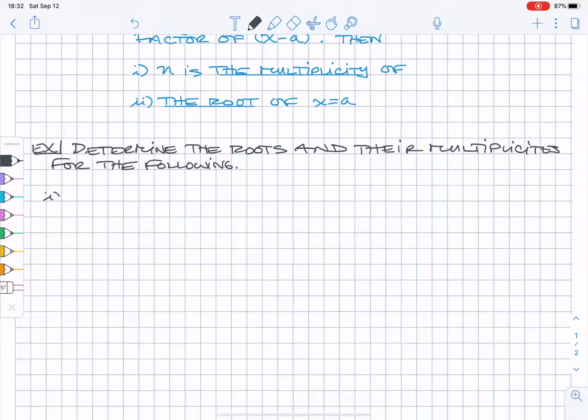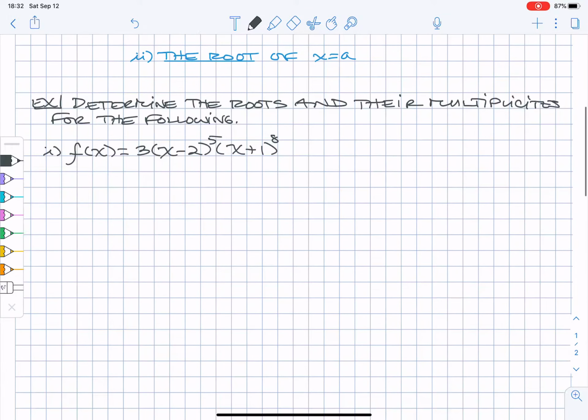Okay, so number one, let's say we have that f of x in factored form is 3 times the quantity x minus 2 to the 5th times the quantity x plus 1 to the 8th. Okay, so what are the factors we have here? We have a factor of x minus 2 to the 5th.